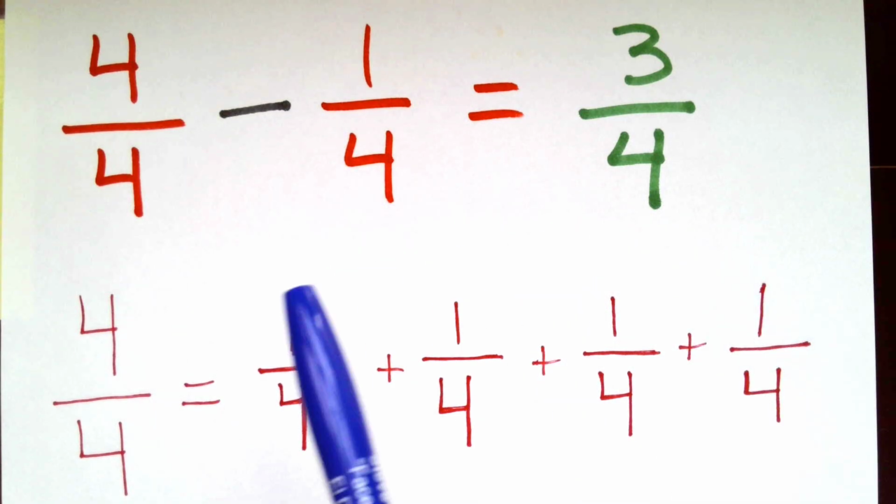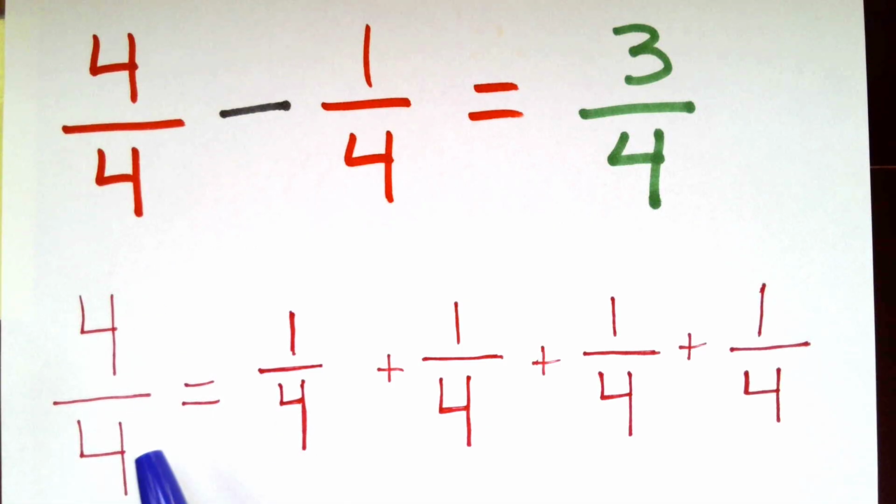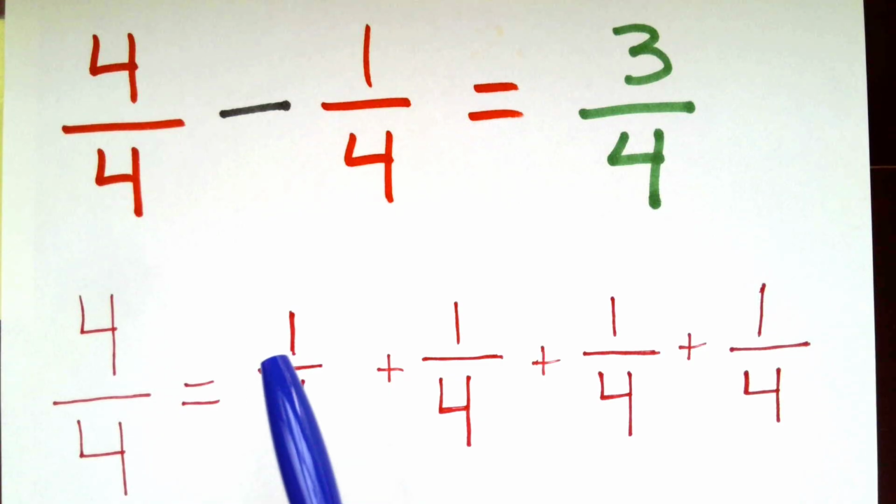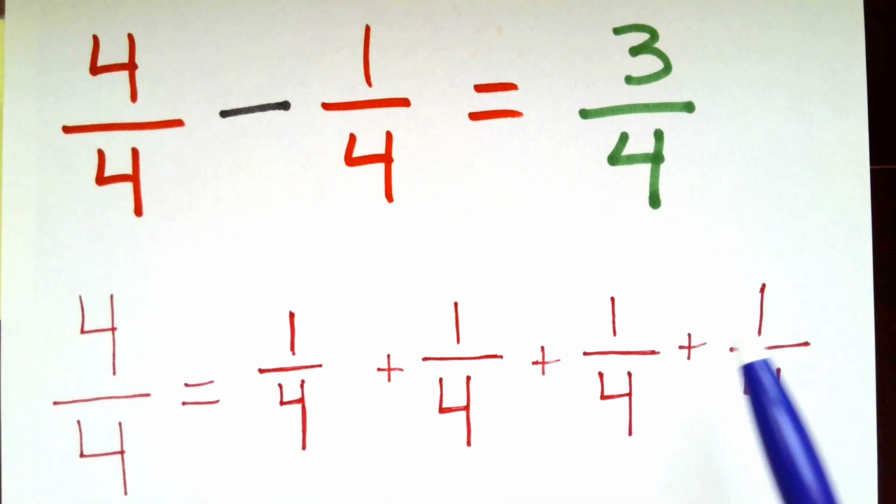And while we're here, I want to show and explain again, 4/4 is a whole. Well, what does that mean? That means when you add fractions, the denominator, the bottom number, needs to be the same, and it stays the same throughout the entire process. So once that occurs, then you can add or subtract the top numbers.